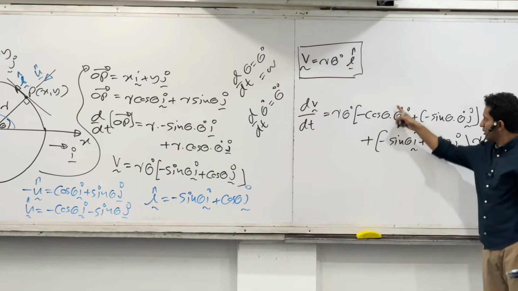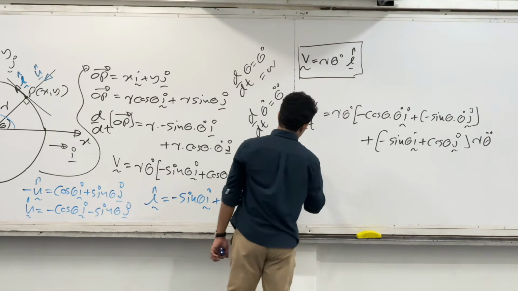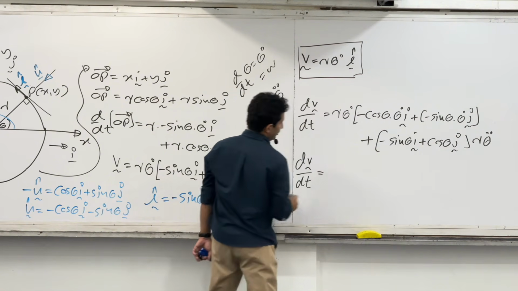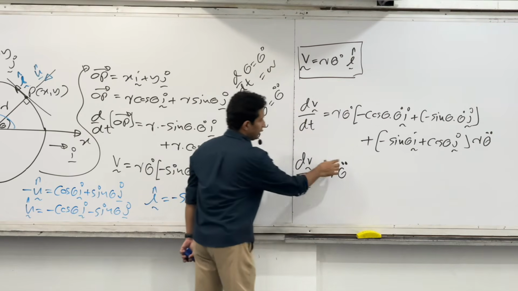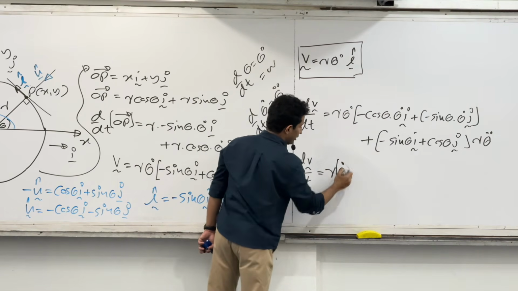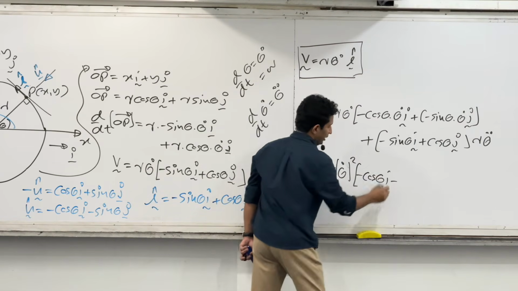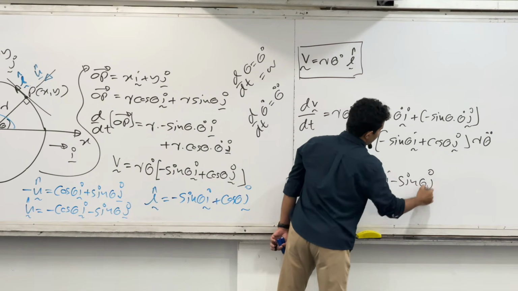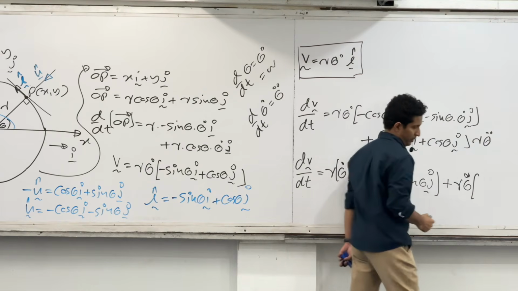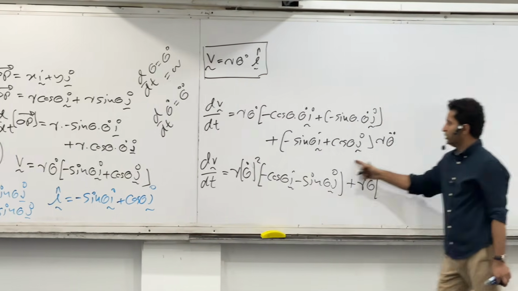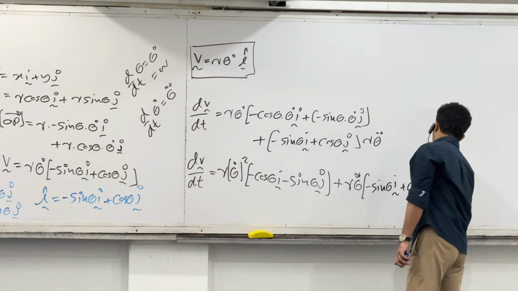Now here again you can take the theta dot out. When you take theta dot out, dv over dt is r theta dot squared times minus cos theta i minus sin theta j, plus r theta double dot times minus sin theta i plus cos theta j.